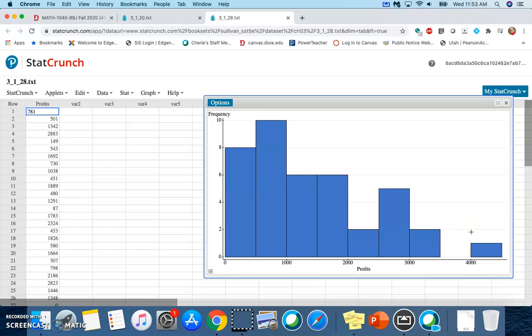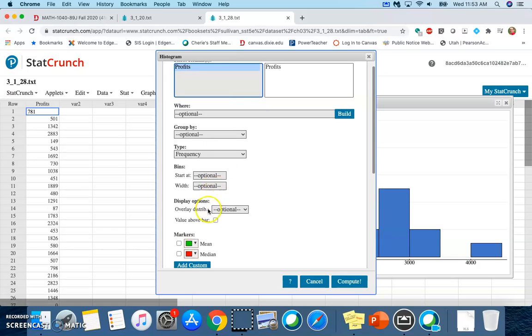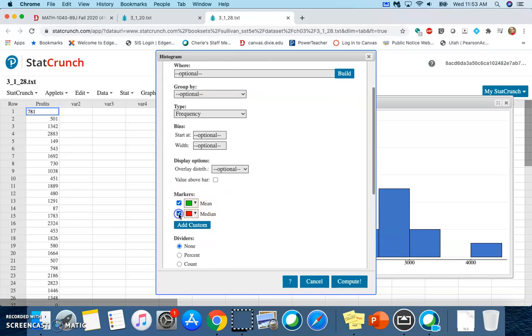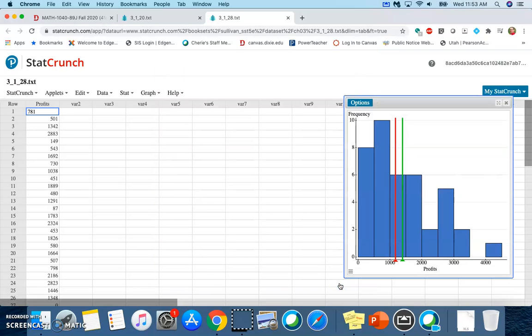If you're skewed to the right, you might think to yourself, how is the mean going to compare to the median? You can actually see that by going to Options, Edit, and then we can put in markers for the mean and the median. So again, think: is the mean going to be greater than the median, or less?